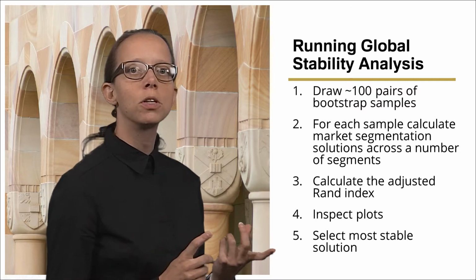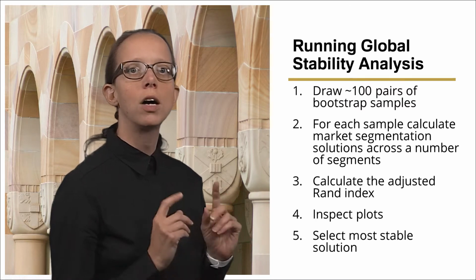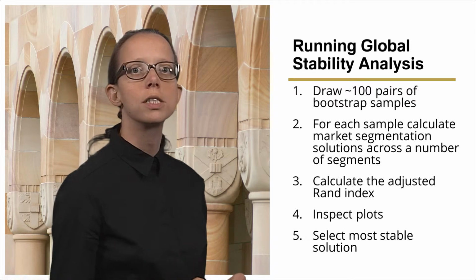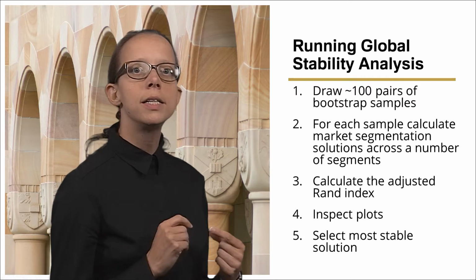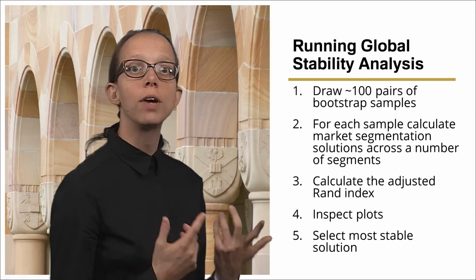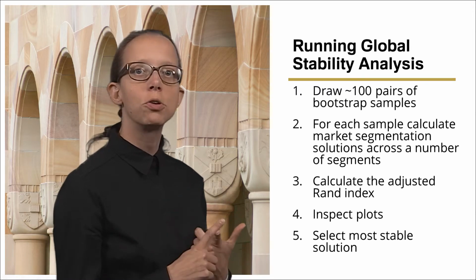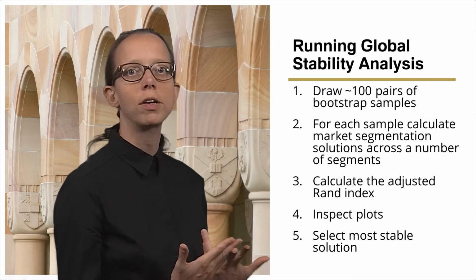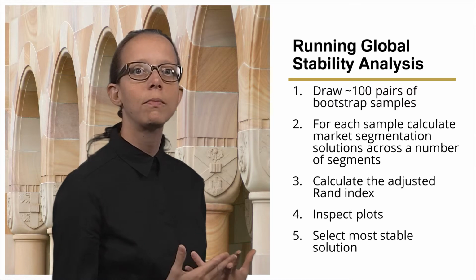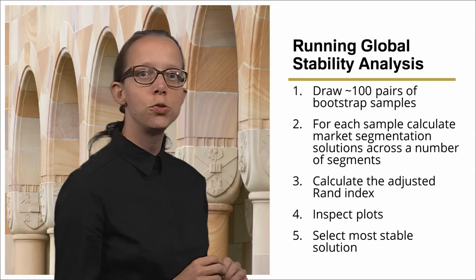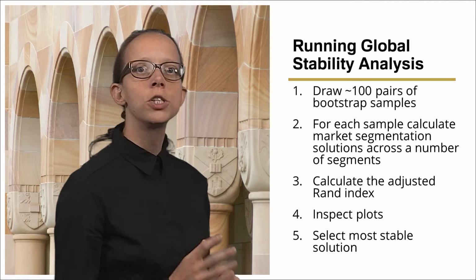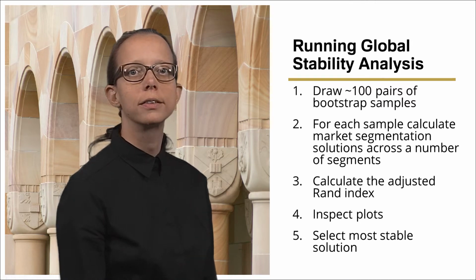The inspection of the plots provides insight into how stable segmentation solutions are for this dataset. This in turn determines if we need to run natural segmentation, reproducible segmentation, or constructive segmentation. Finally, we can choose on the basis of this plot which number of market segments to extract.